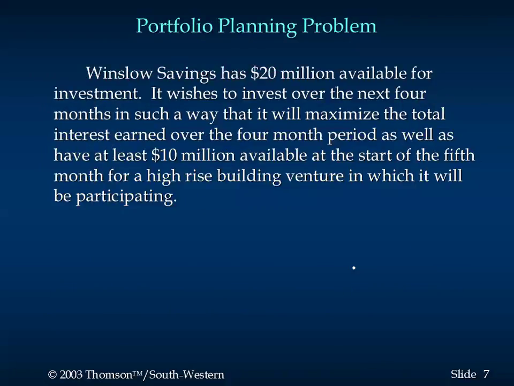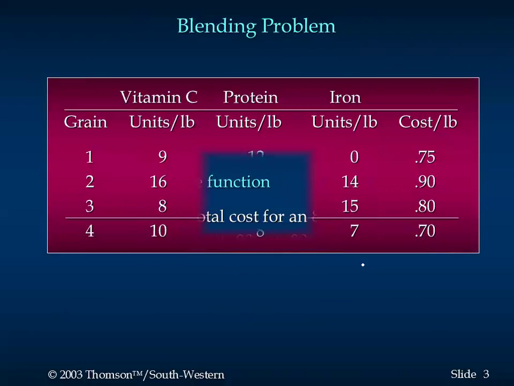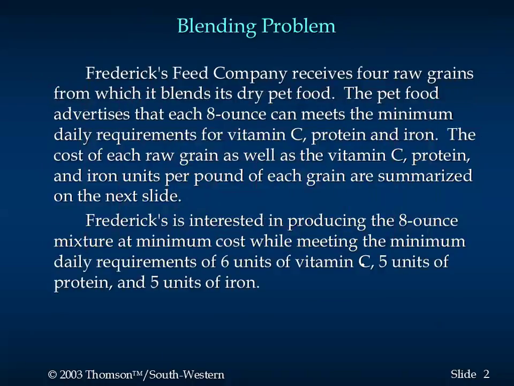All right, so that was a simple one. Let's look at a portfolio planning problem. So that was one application. And by the way, if we try to generalize these, anywhere where we have the same set of ingredients blended together in different ways, for example plastic products, or petroleum, where you have different grades depending on how you mix different crude and other things together, all these are examples of blending problems.